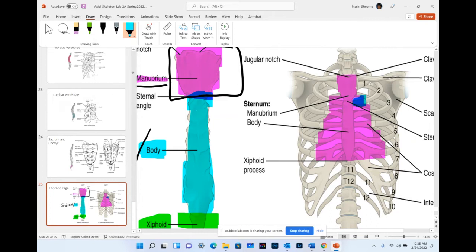Do you understand? What does that mean? That means these costal cartilages are also attached to the sternum that you have in the axial skeleton boxes. And we know these costal cartilages are hyaline cartilage, right?